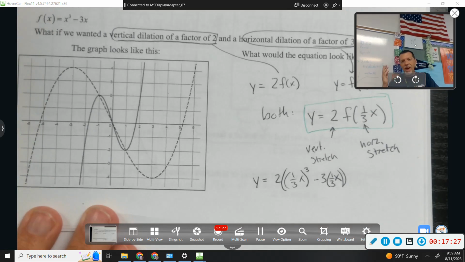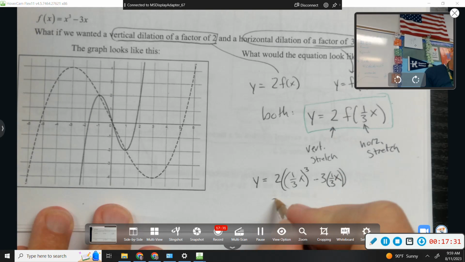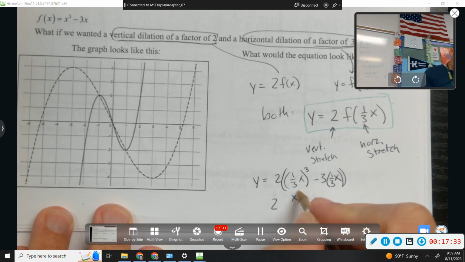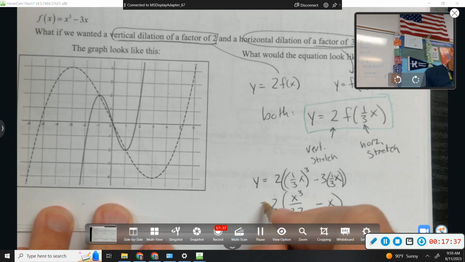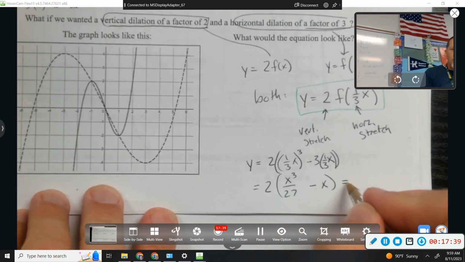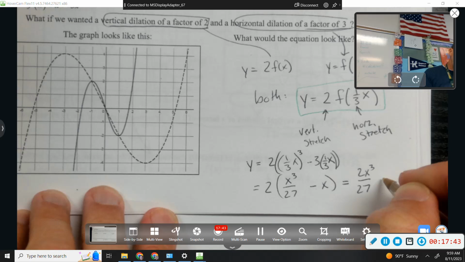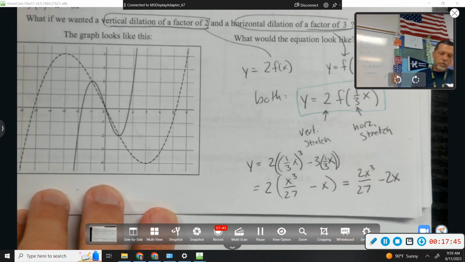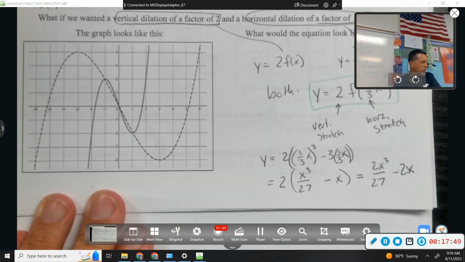That might be okay. But if they want it in terms of x, then we'd have to do all this stuff. So that'd be x cubed over 27 minus x, and then multiply by 2. 2x cubed over 27 minus 2x would be that picture.